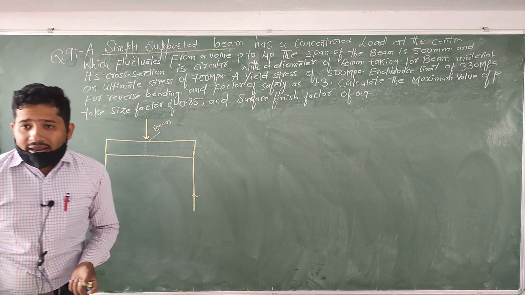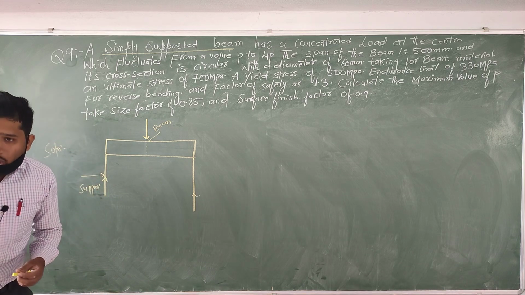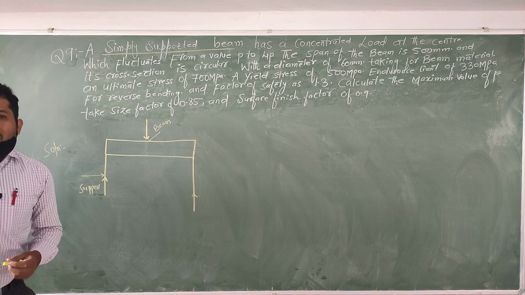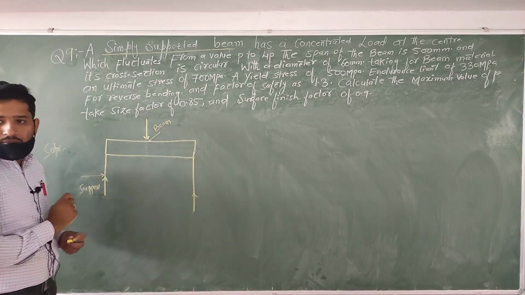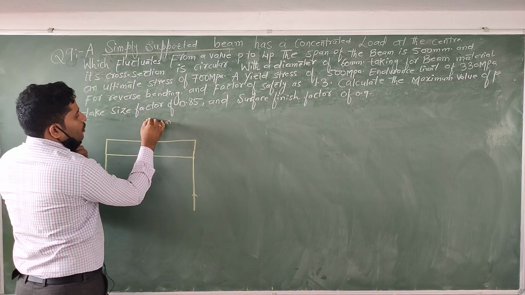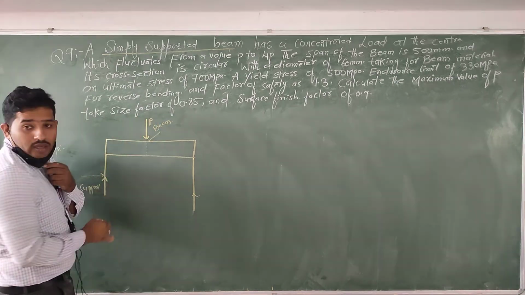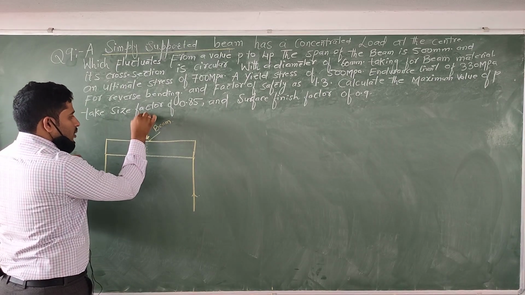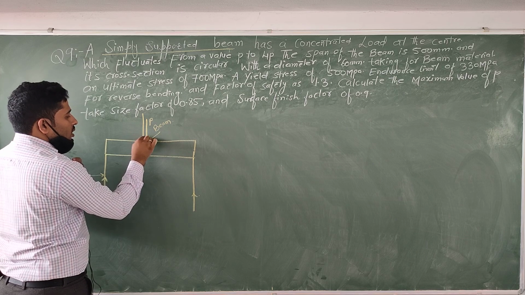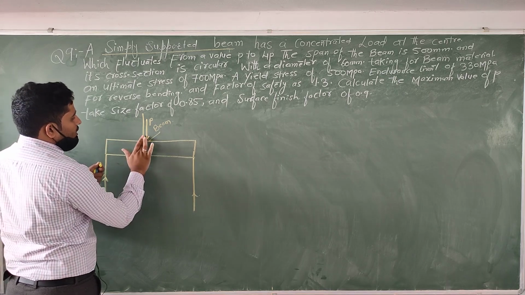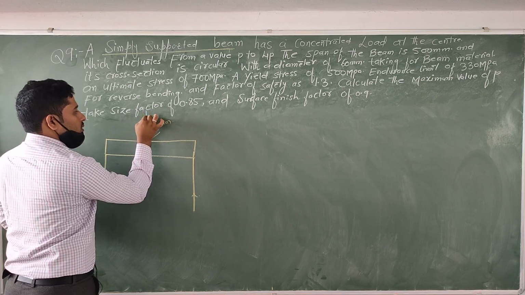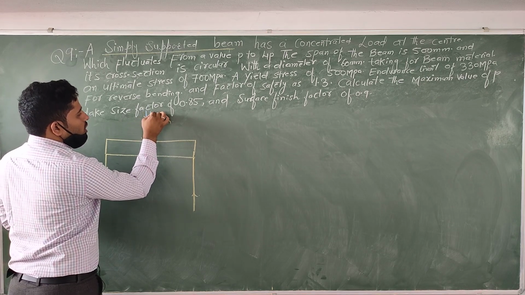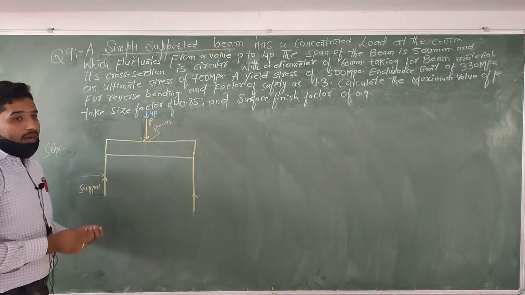This means initially the load is P and the maximum load 4P is acting on this beam. Is it right? We can represent P as well as the maximum load 4P acting on the center point.